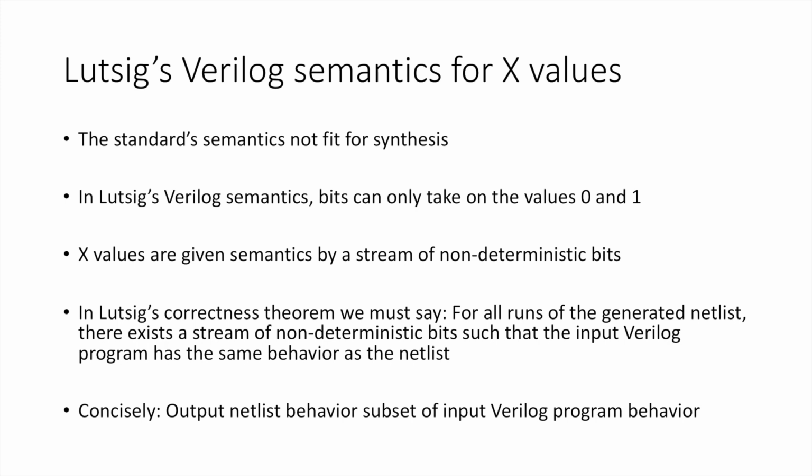So this is nice in some respects, but it also complicates Lutsig's correctness theorem a bit, because now we must say that for any run of a generated netlist, there exists a stream of non-deterministic bits such that the input Verilog program has the same behavior as the netlist. Or more concisely, that the output netlist behavior is a subset of the input Verilog program behavior. But all in all, this works out in the end.